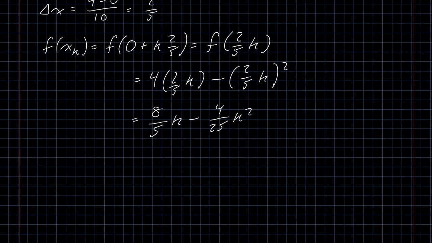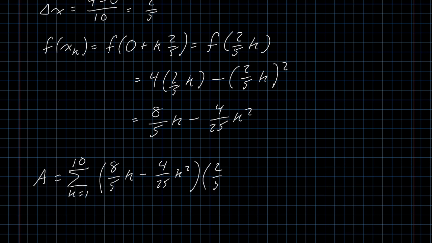Now, our area is the sum, k starts at 1, goes to n, which in this case is 10, of our function 8/5 k minus 4 over 25 times k squared times delta x, which is 2/5.